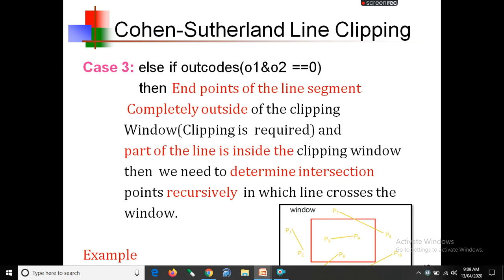So assume that case 3 is also false, meaning case 1 is false, case 2 is false, and case 3 is also false. If case 3 is also false, definitely case 4 has to become true. So what is case 4?